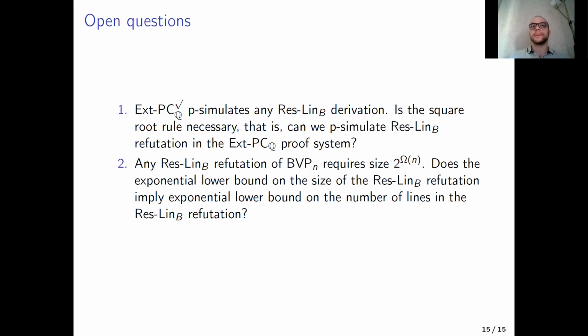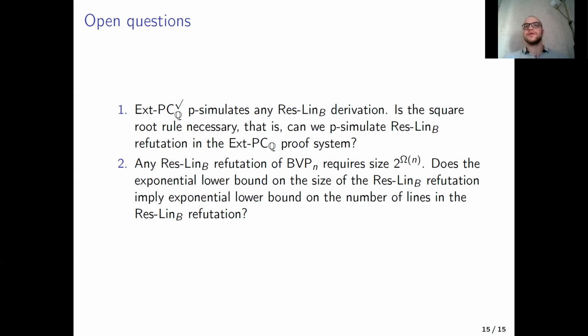So it is interesting. And another open question is about the size of the constant in the Res-Lin refutations. So from the lower bound of Part and Tzameret, we know that any refutation of binary value principle requires exponential number of disjunctions. And from our lower bound, we know that any refutation of binary value principle requires exponential size, which means exponential size of the constant, which leads us to the following questions.